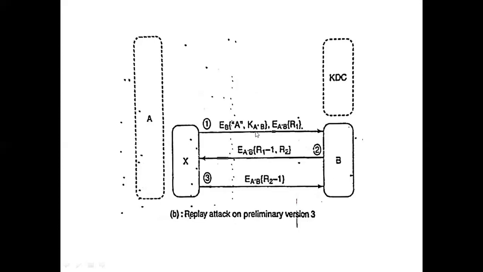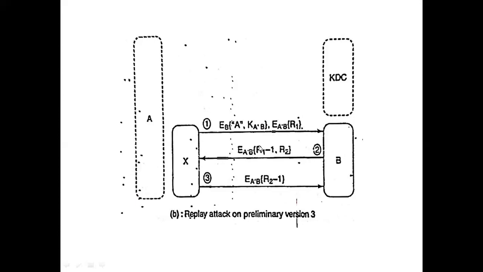To impersonate A, X does the following. X sends the old ticket and a challenge R1, encrypted with the old session key, to B. B responds to X's challenge and also communicates his own challenge R2.